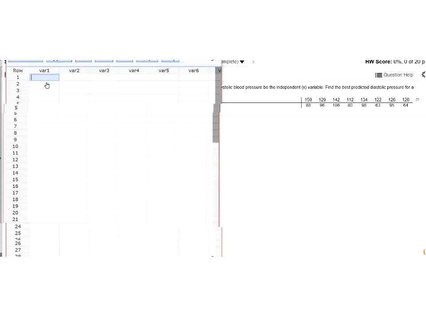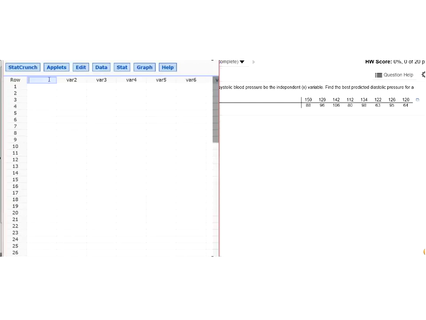So I'm going to go ahead and type those in for my column headers just so I know which one's which. And then I'm just going to type the numbers in there. Once I get done typing all the numbers in, I can go ahead and do whatever I need to do for the problem. So that's always another option that you can use.